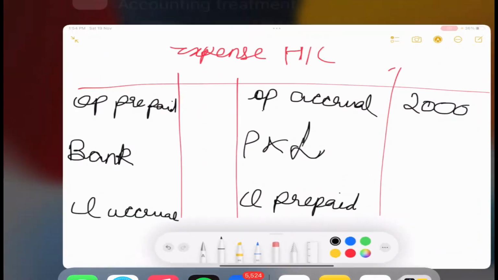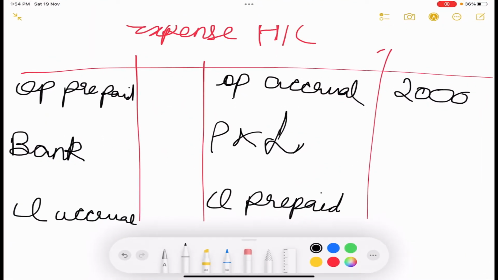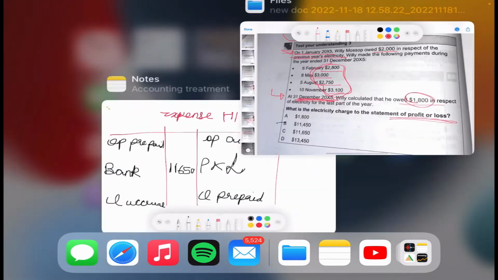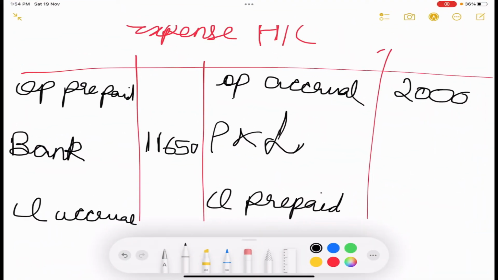So 11650 is what went out of Willie's bank, right? She has paid this much, so I will write that 11650. Okay, what else is given in the question? On 31st December, she calculated that 1800 is left. So 1800 was my closing accrual, right? In the question, prepaid is not given, so it is 0.